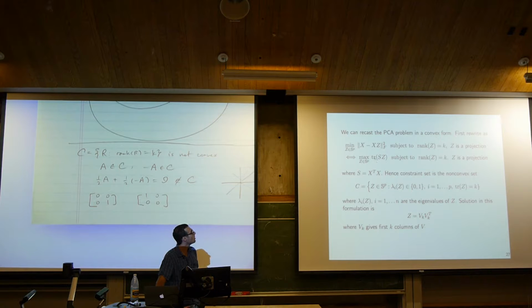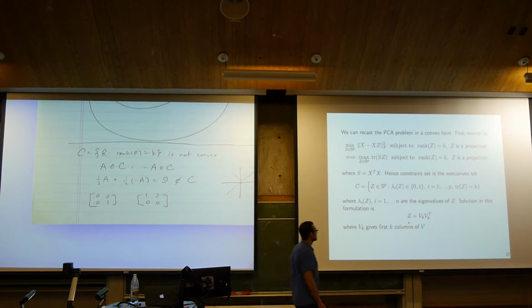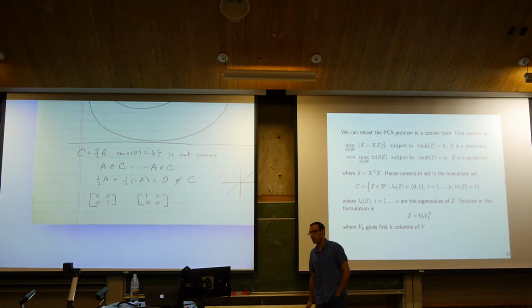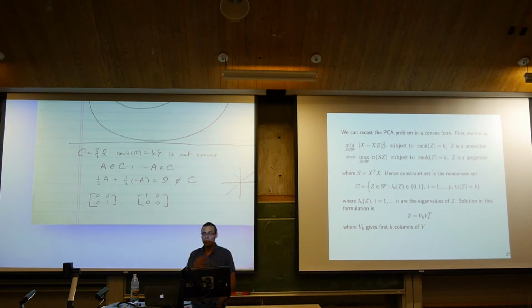We've just introduced Z, and then I expanded the square and got rid of some terms that didn't depend on Z. So this is the same problem as before. It's still just as hard because it's non-convex. And to solve this problem, I can just take Z to be V_k V_k transpose, where these are the first k right singular vectors of X. So it's another way of looking at the PCA problem.